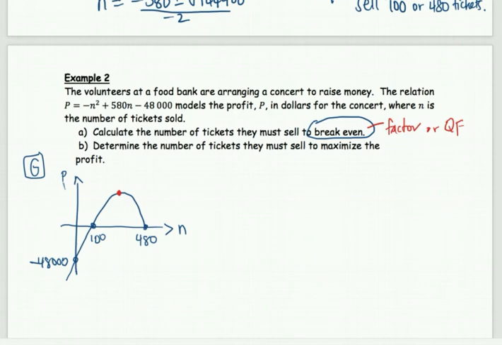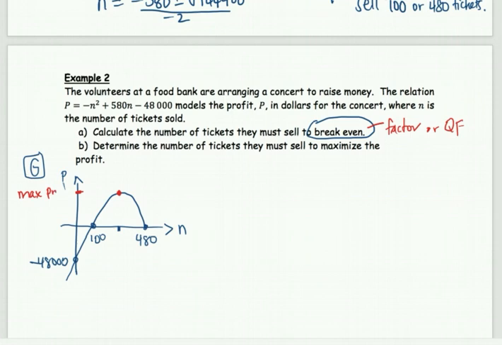So if we sell too many tickets, then there'll be extra costs and so forth, so that way it'll actually drag down our profit. Okay, so there is a happy number of tickets that you can sell in order to get to the max profit. So if you take a look here, that's where your max profit is.